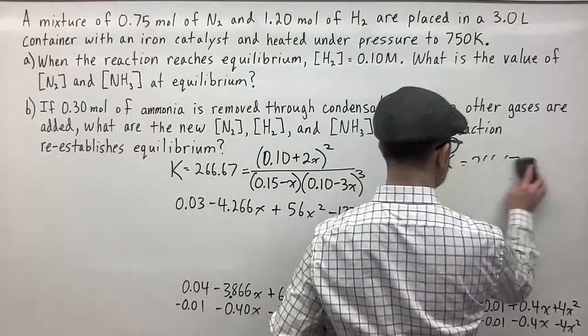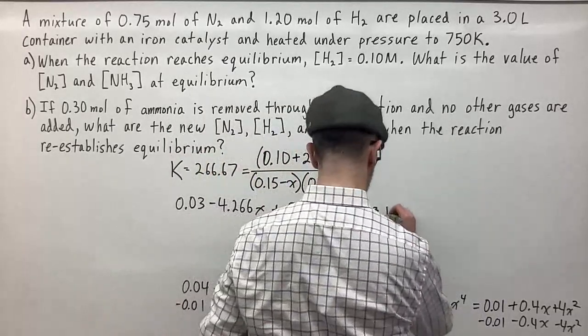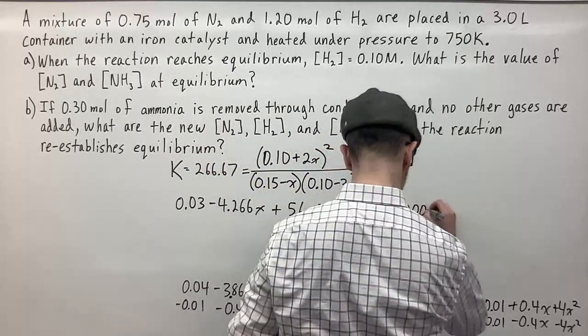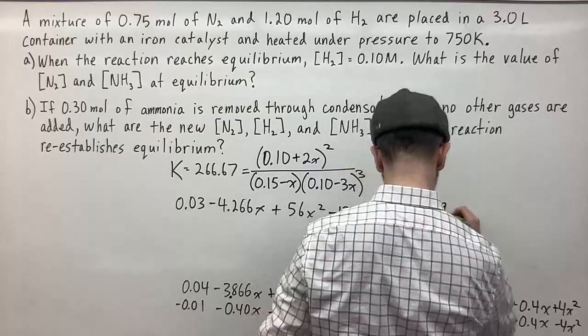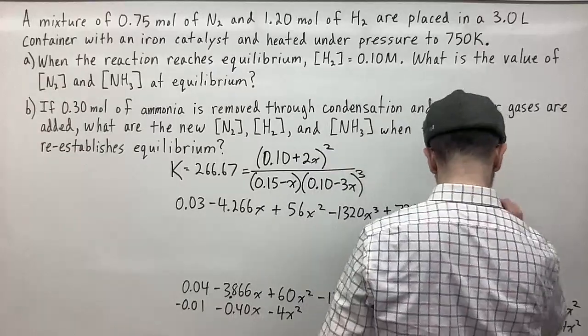I'm going to erase this, get this out of the way. And then we have plus 7200.09 x to the fourth equal to 0.